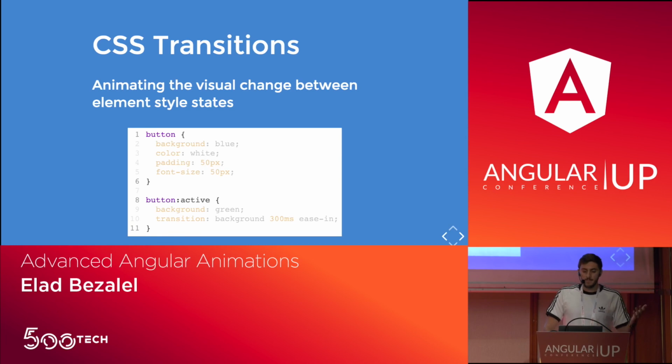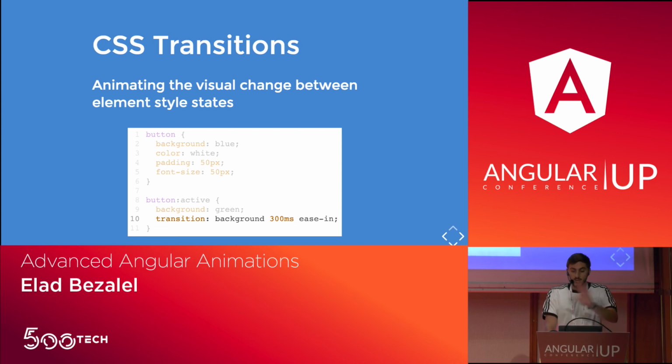CSS transitions animate the visual changes between two element style states. We have a button which can be active, and we have background colors, and all we have to do is set a transition on the background for 300 milliseconds and the easing function.